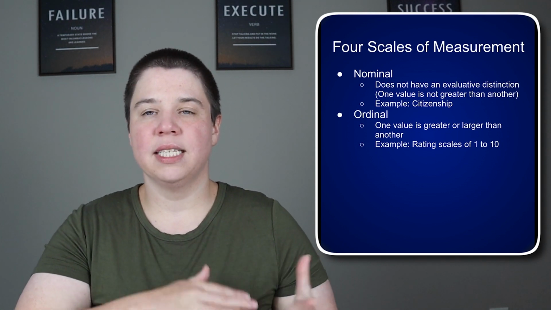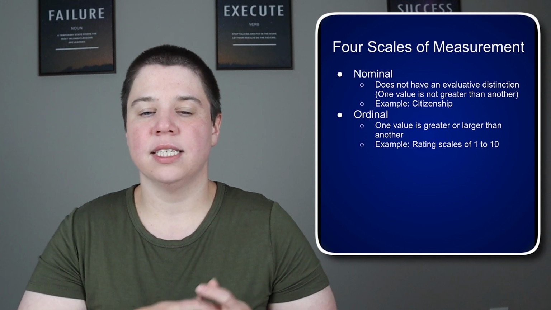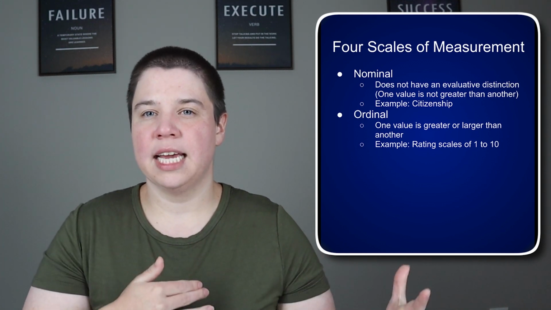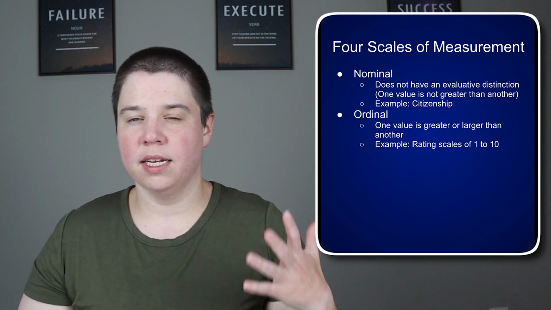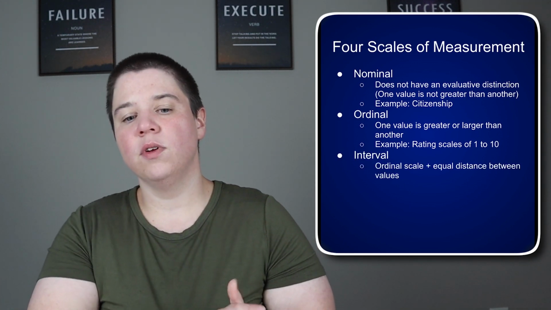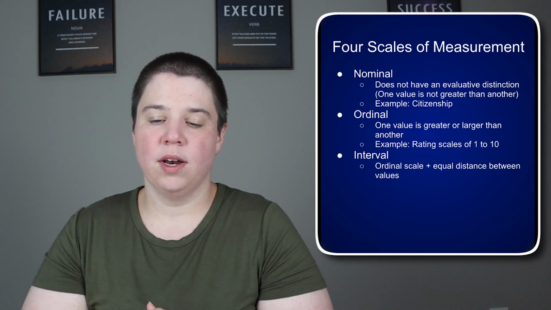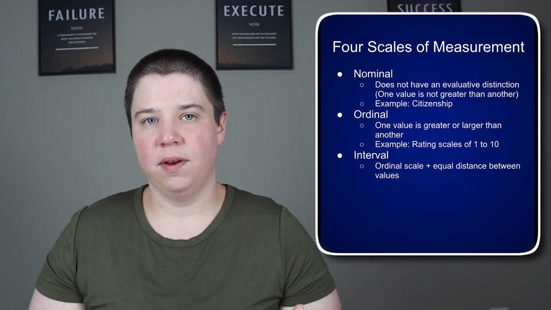And so this means that there is actual meaning between the different numbers assigned versus citizenship. If you are assigning numbers there, it's probably just a key. Being a 3 doesn't mean you're 2 better than 1. The next one is interval. So interval is ordinal, which means one value is greater or larger than another value, but it also has equal distance between values.